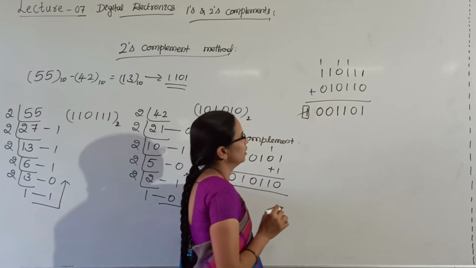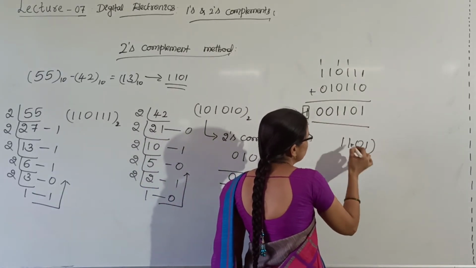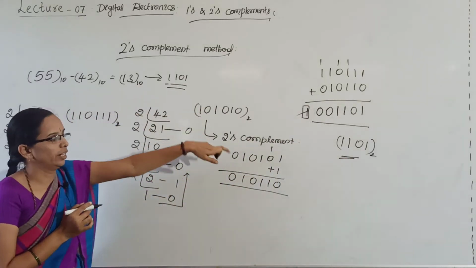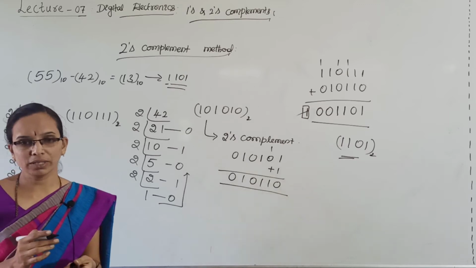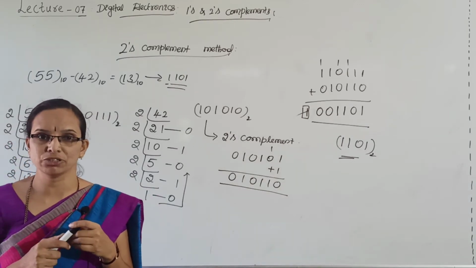I just discard it and the answer is 1101, which is the binary equivalent of 13. We have got it. This is how we do the 2's complement method of subtraction.